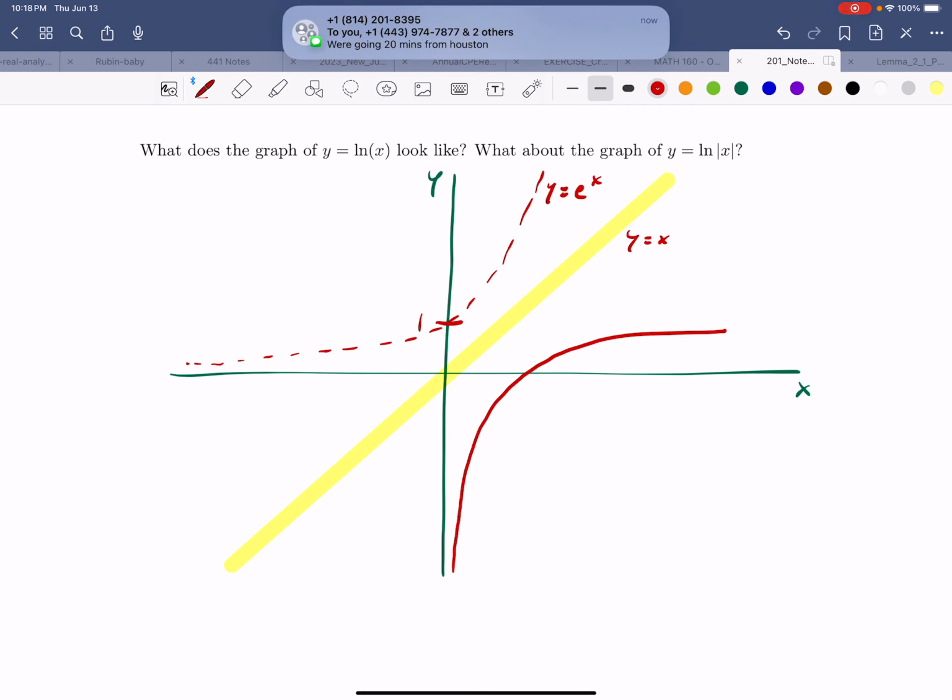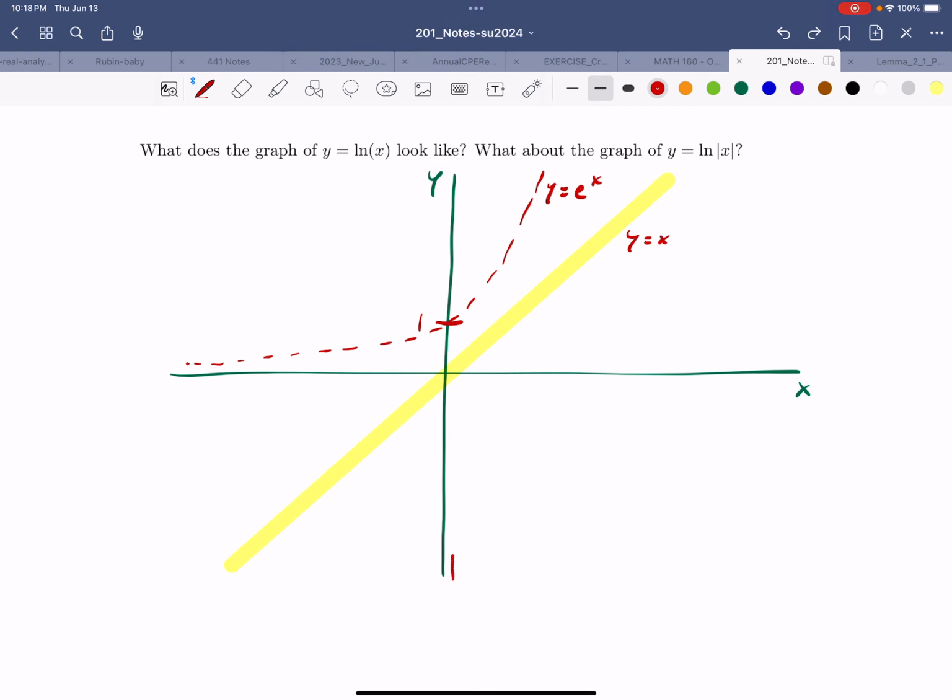Well, let me try that a little bit better. Something like that. Okay? So notice it's the reflection of y equals e to the x, right?